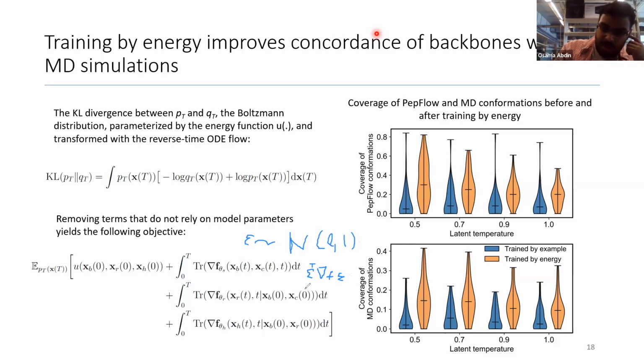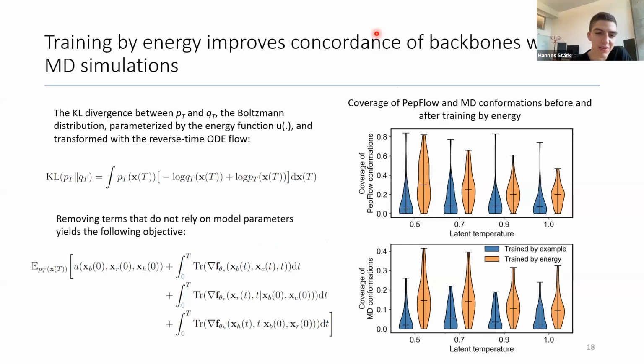And the expected value of this is equal to the trace. So we still have to compute the full Jacobian? Well, you compute it as a Jacobian vector product, which is more efficient in an autodiff framework, and that substantially increases the efficiency of computing this loss function. Yep, very nice.